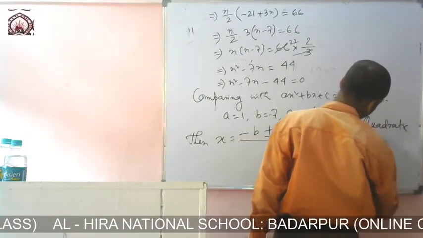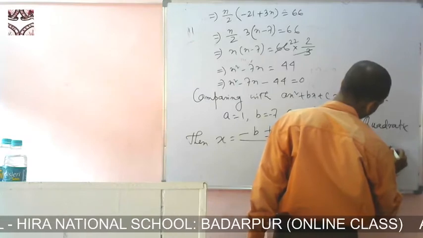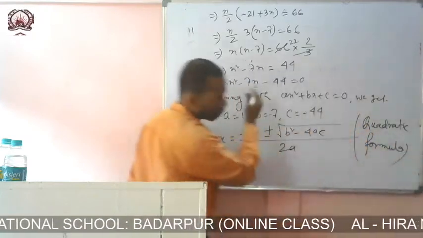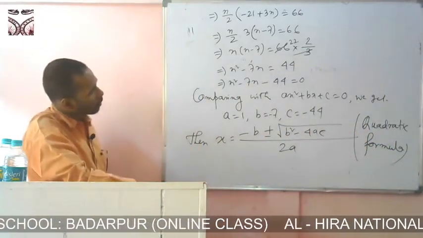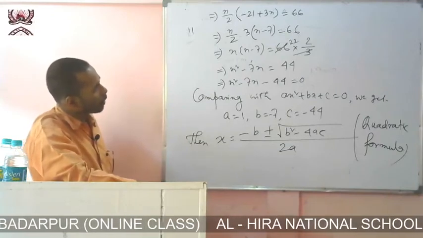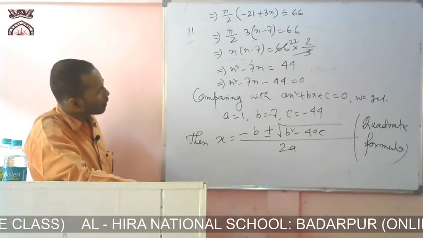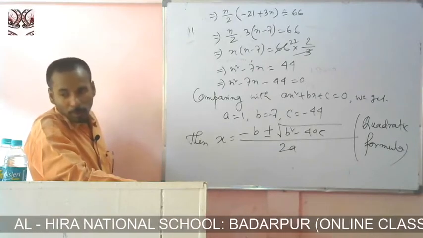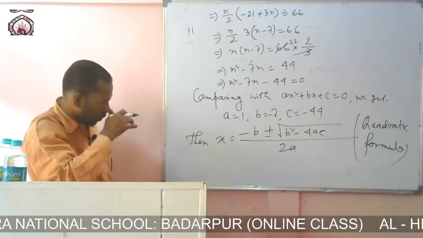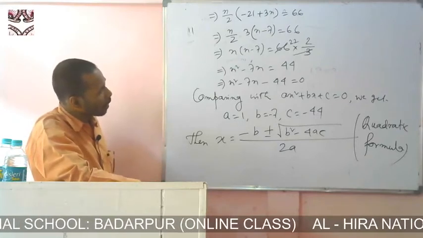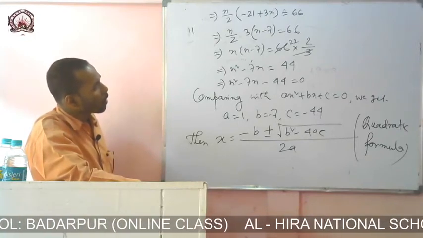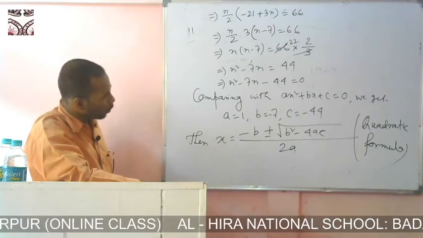Quadratic formula. Here you see, we are comparing with ax square plus bx plus c is equal to 0. A is equal to 1, b is equal to minus 7, c is equal to minus 44. Then x is equal to minus b plus minus root over b square minus 4ac by 2a.